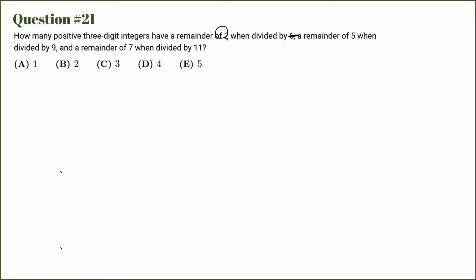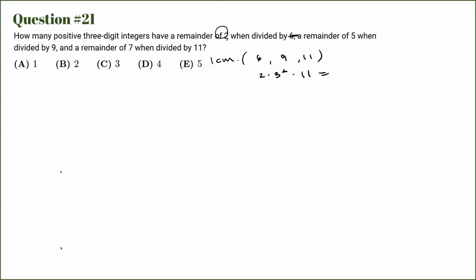So essentially what you're looking for is a positive three-digit integer that is 4 less than an integer divisible by 6, 9, and 11. So let's find the LCM of 6, 9, and 11. That would be 2 times 3 squared times 11 for the LCM.